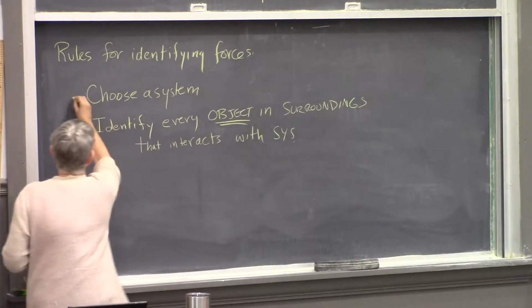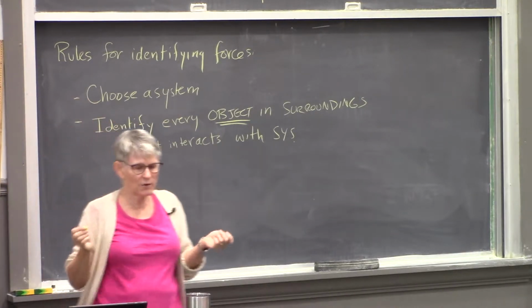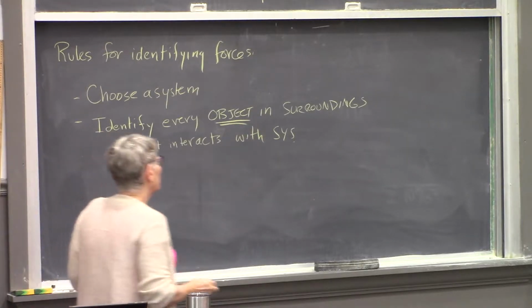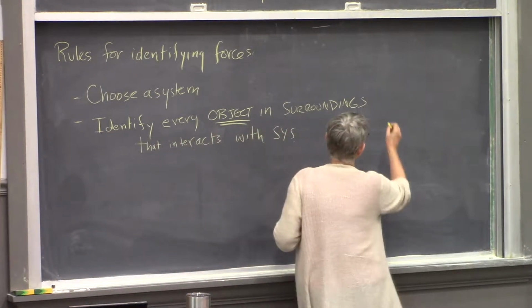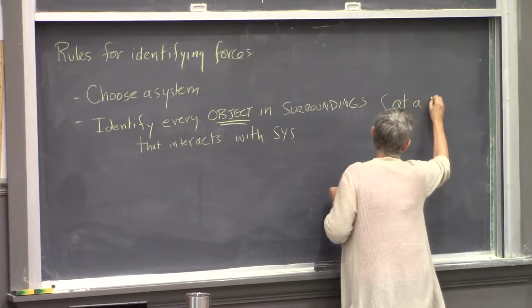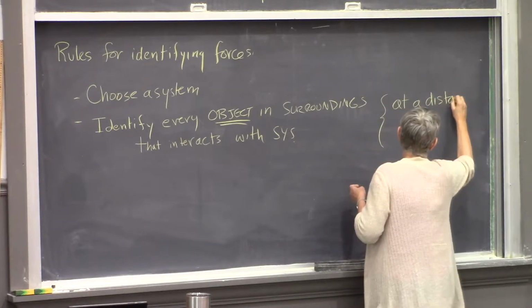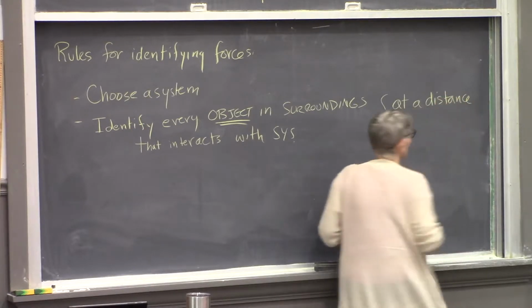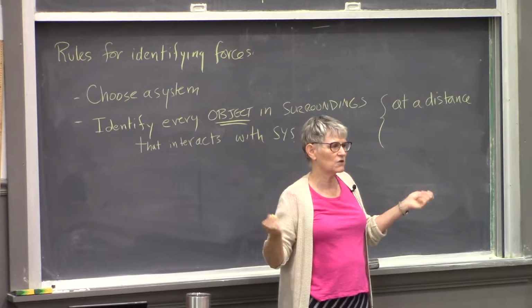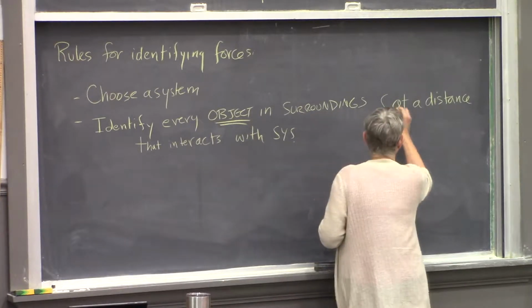And we're going to be very compulsive about identifying, naming objects in a system. There can be two ways things interact. It can interact at a distance, like the gravitational, the electric interaction, which occur without things touching each other, or it occur through contact.